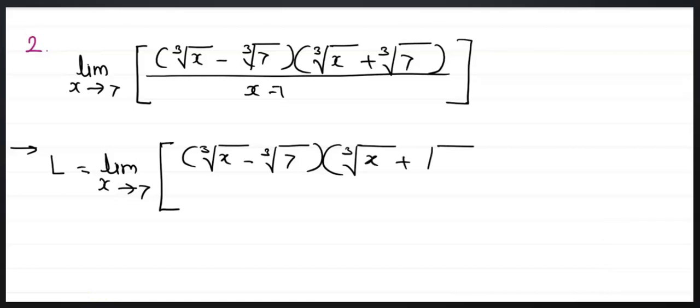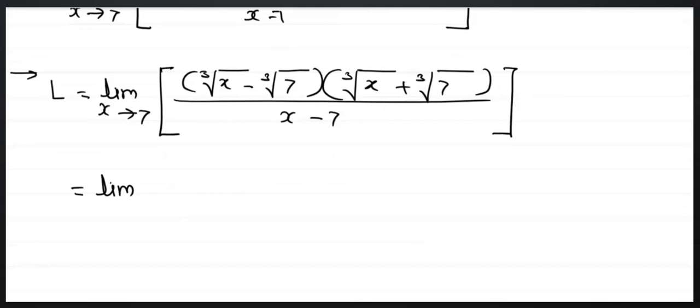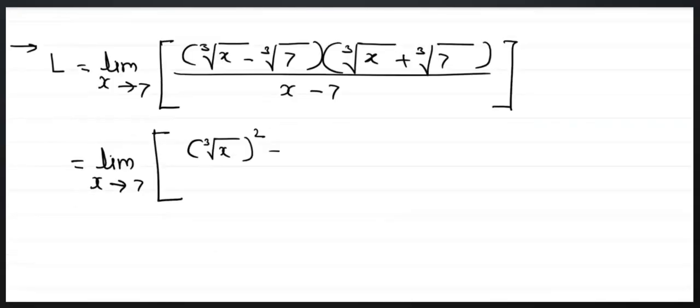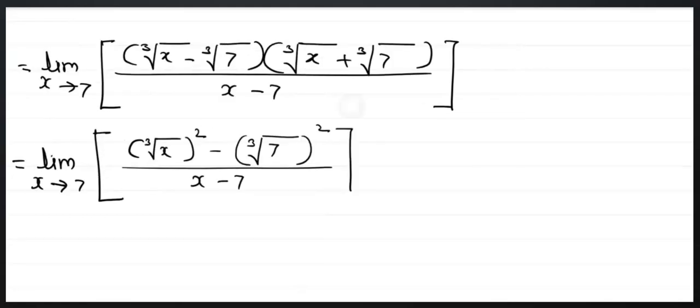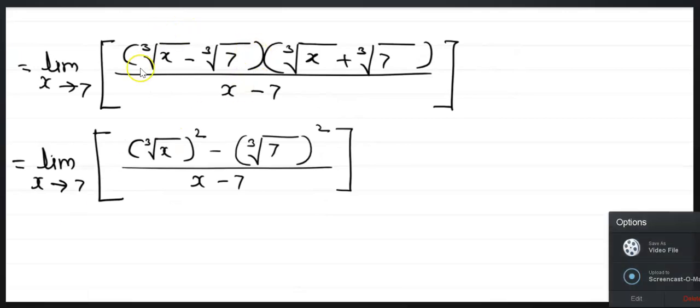Now see this. That is, we write here cubic root of x bracket square minus cubic root of 7 bracket square upon x minus 7. A minus b into a plus b.